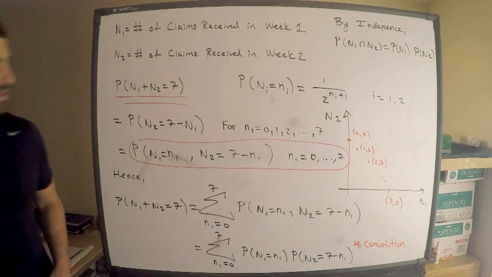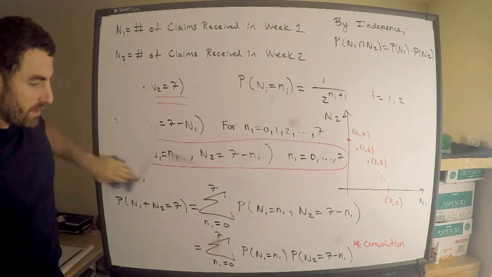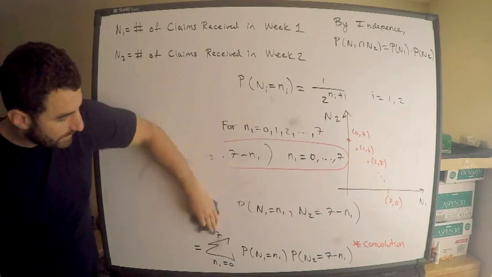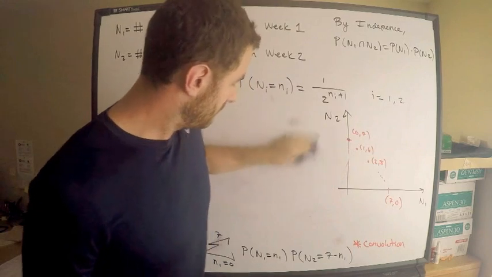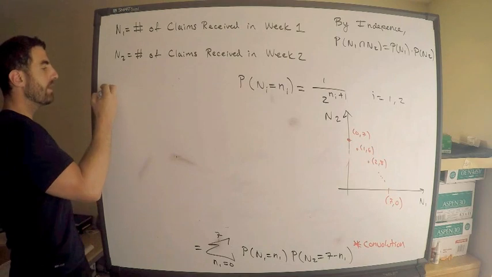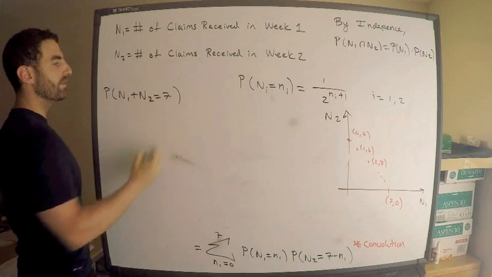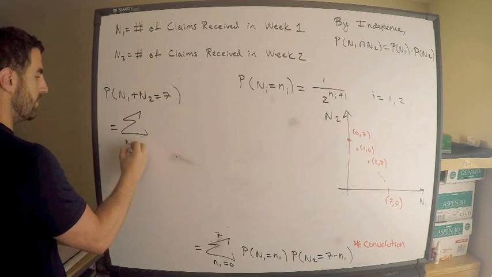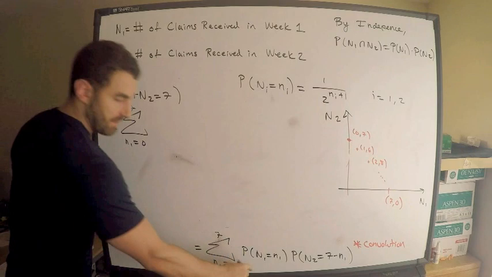So let me give myself a little more room, and we'll have it. Let's just keep in mind what I have there. We're almost there, so we can answer this question. All right. So the probability that we're after, the probability that n1 plus n2 is equal to 7, is equal to the sum n1 equals 0 to 7 of this summand right here.